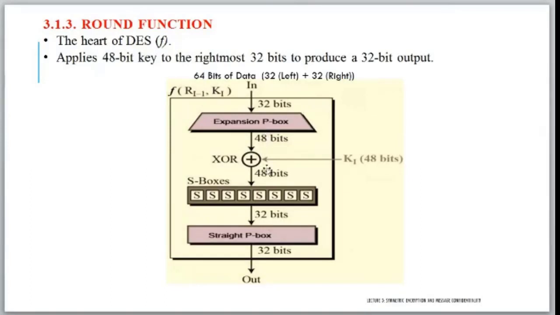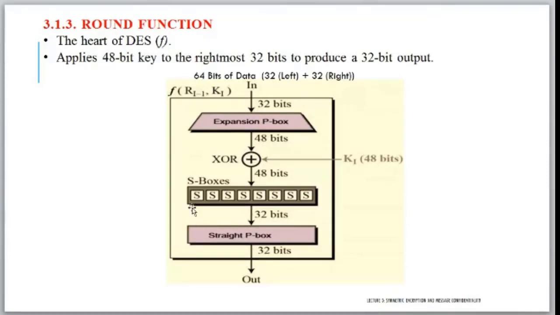Then I got 48 bits. Then I have the key, so the key is coming here. Using the key and my expansion output, I'm going to apply the exclusive OR operation. So the final output is going to be 48 bits. I want to convert the 48 bits into 32 bits, so I'm going to use the S box.